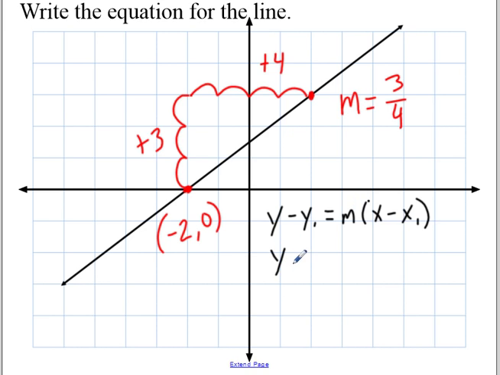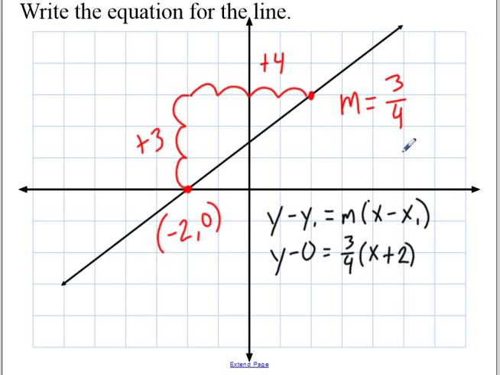I end up with an equation that says y minus 0 equals 3/4 times x. Look very closely at this, plus 2. The x I'm using is a -2.